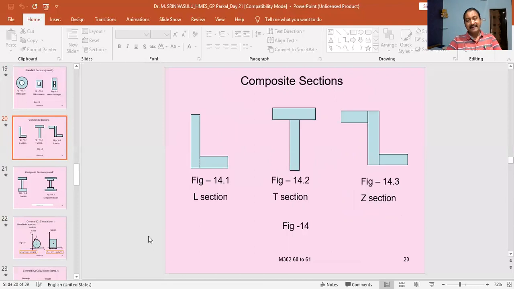It may be a rectangle, a triangle, a square, a semicircle, a chord, or a circle.